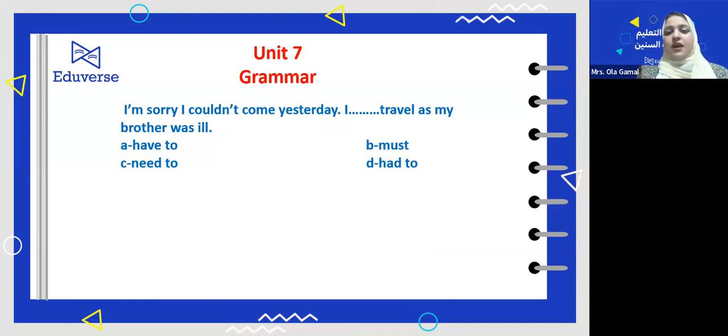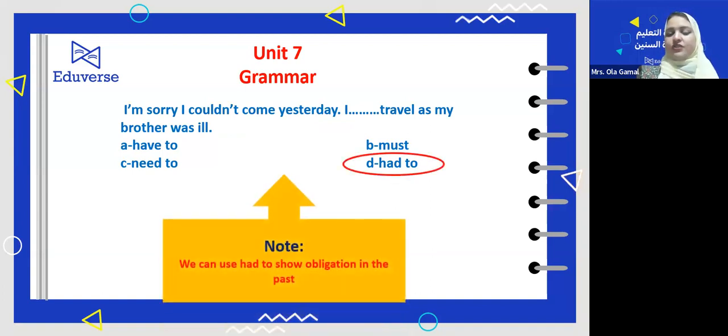So here it's a kind of obligation for someone with your relative. So you can't cancel this. When you can't cancel something because of another thing, we use had to. We can use had to to show strong obligations in the past. Strong obligations in the past. Here we use had to.